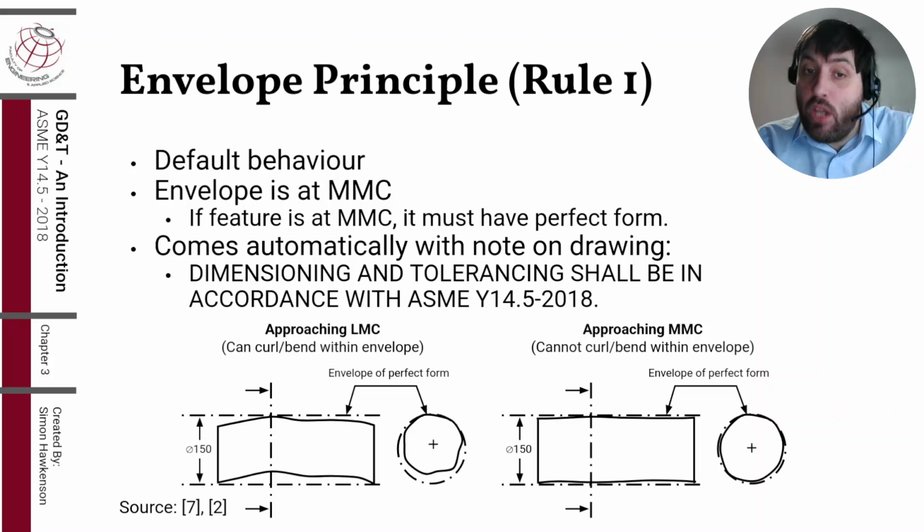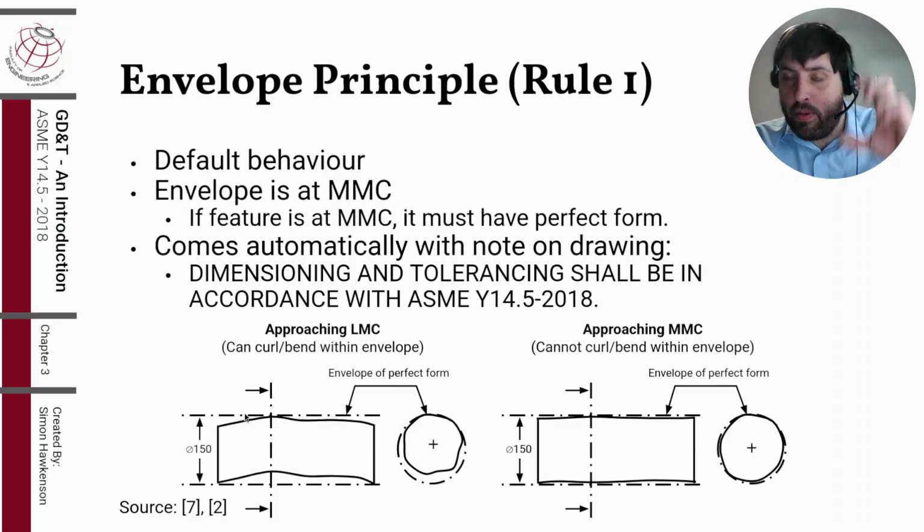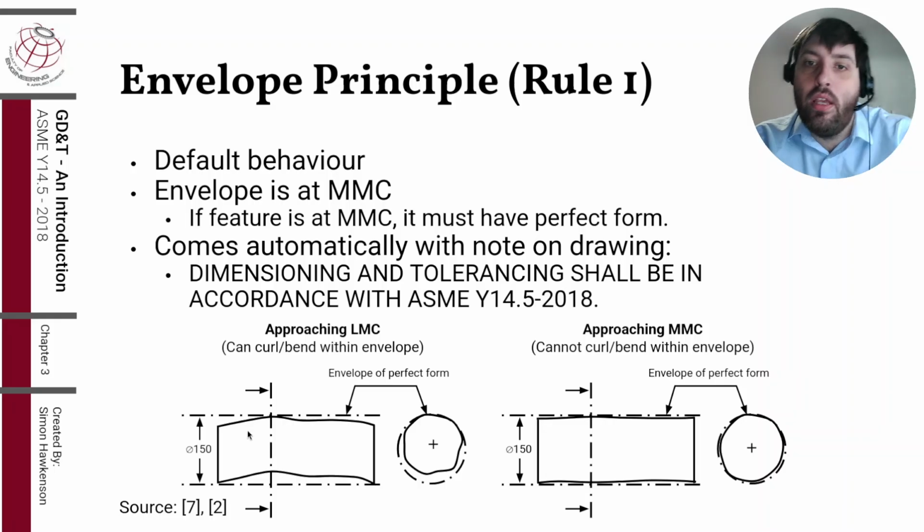A feature cannot surpass its envelope. So I put these little two examples here. The envelope is here. That's the MMC limit dimension. And when it's approaching the LMC, it can curl or bend within the envelope. That's totally acceptable. But when it approaches the MMC, it really can't. There's no space anymore.